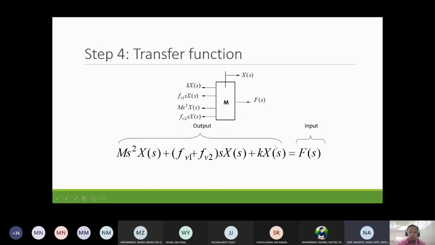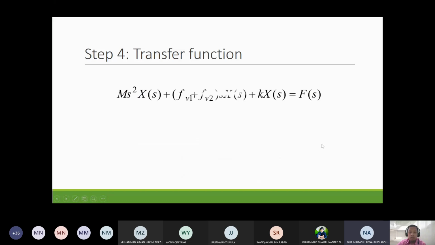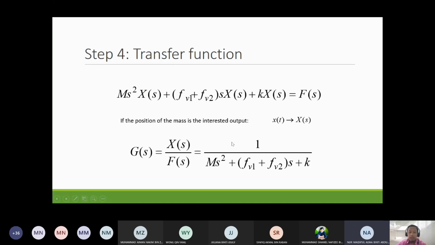The left hand side is the total forces acting backward, which equals the force acting forward, which is F. And then we can factorize X(s). After we factorize, we can find the transfer function.